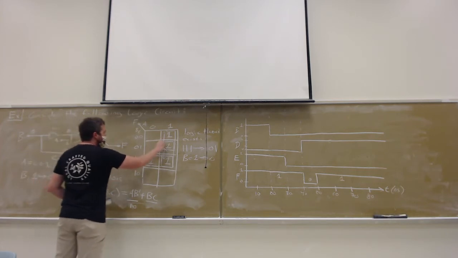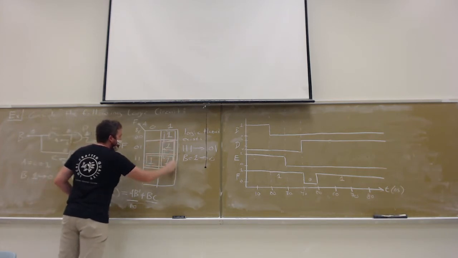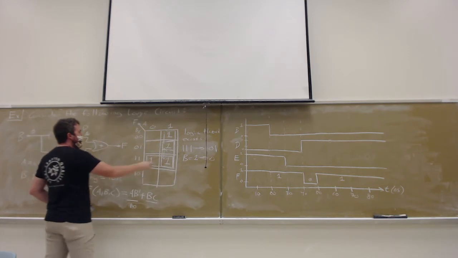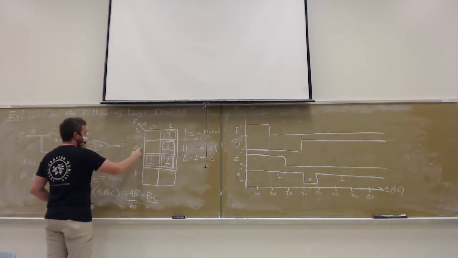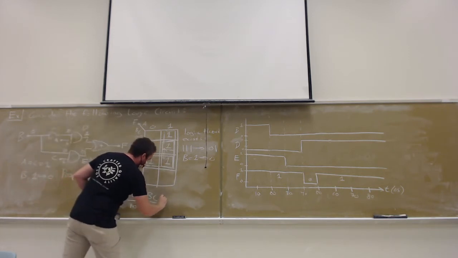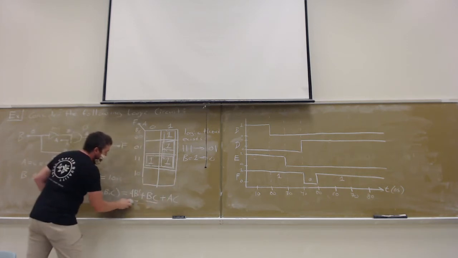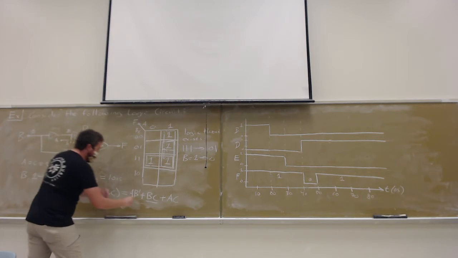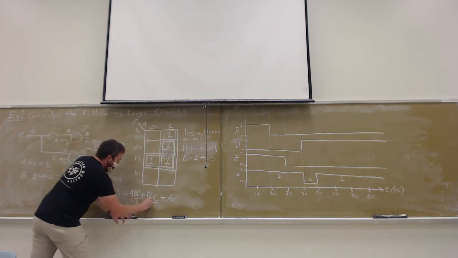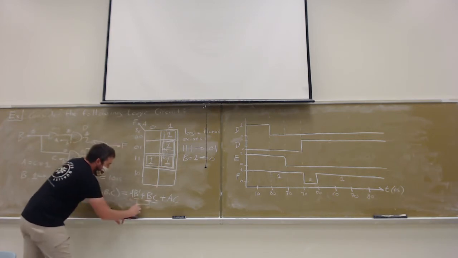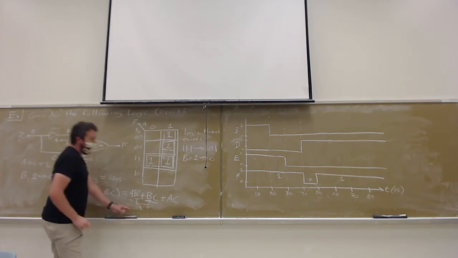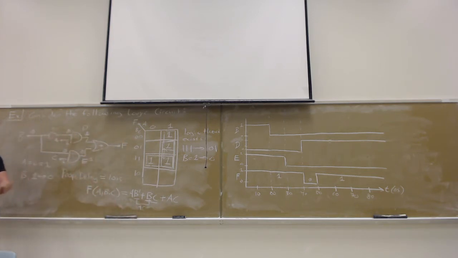So this group here gets us what? Well, it's A equals 1 and C equals 1. So it's going to be or AC. And if we apply the consensus theorem across B prime and B, the consensus term is AC, which is the redundant term.